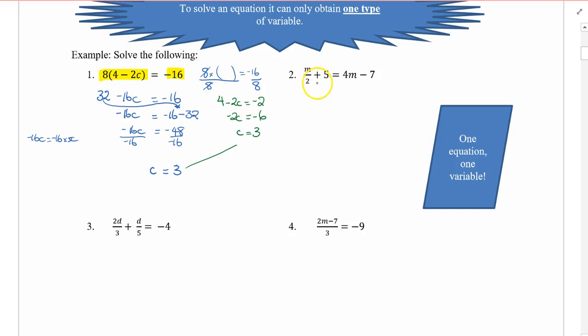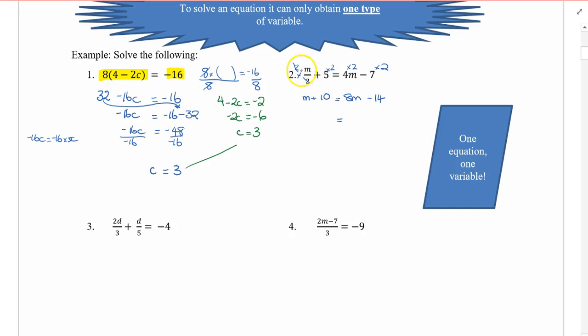And we also have the fraction to deal with. Hopefully you remember the rule that says that if I've got divide by 2, the way to remove it is to multiply by 2. Now, the other rule you need to also remember is if you multiply this term by 2, which will be great because that will remove the fraction, then you must multiply this term, and this term also by 2.